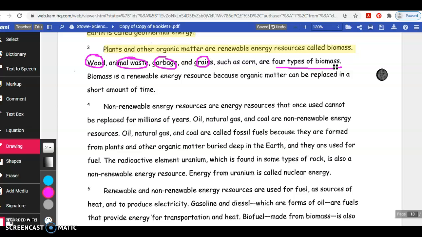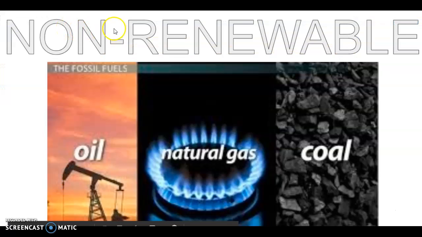Now, we are going to move on to non-renewable energy resources. Non-renewable energy resources, what does that mean?